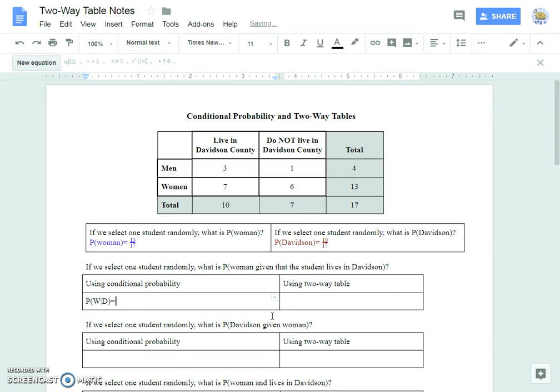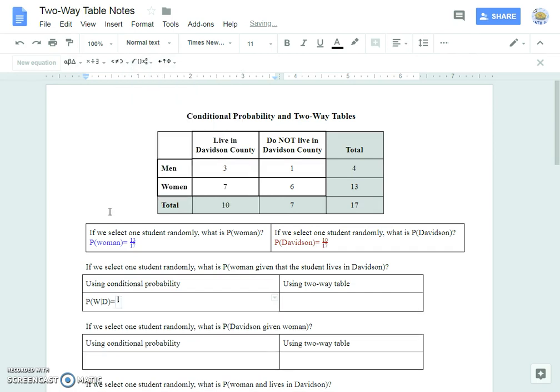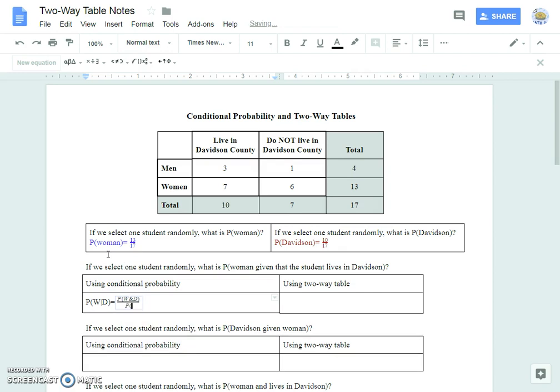So this is going to be equal to the probability that they are a woman and from Davidson over what we're given. Here we're given that they live in Davidson County.